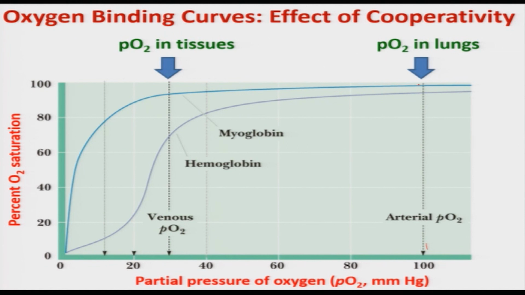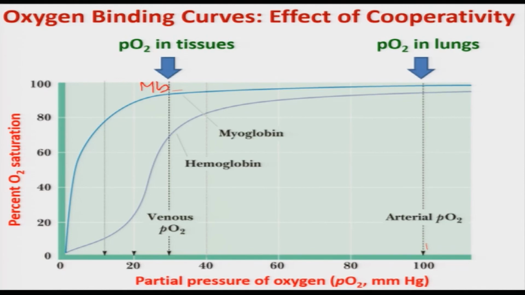Now, both hemoglobin and myoglobin behavior is plotted here. As you can see, this is the behavior of myoglobin, which is basically a hyperbolic saturation curve, and myoglobin (Mb) is saturated at the very low oxygen pressure present in the tissue.